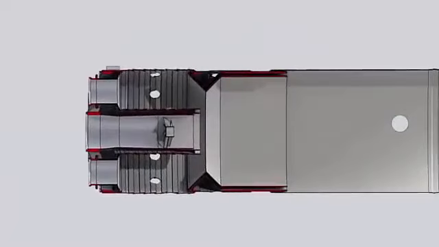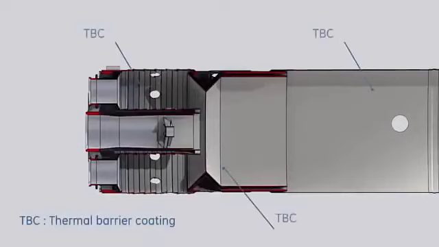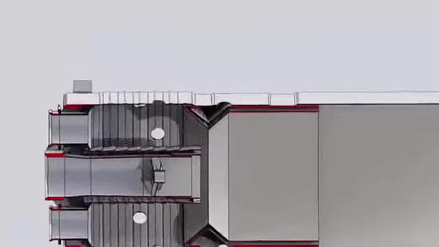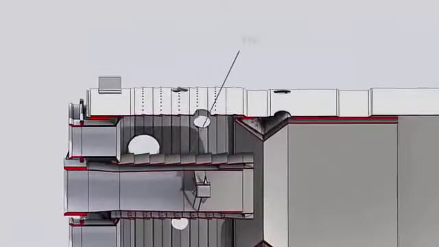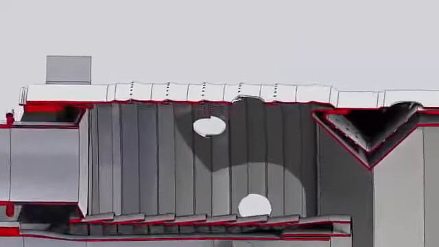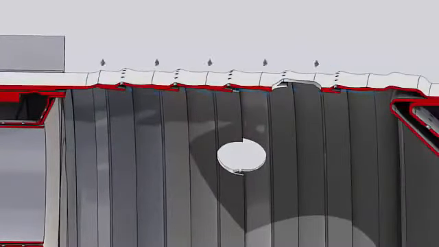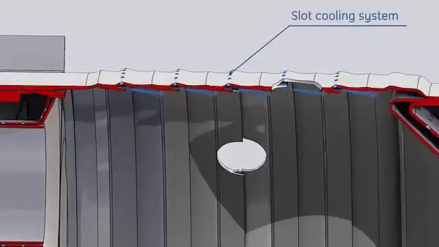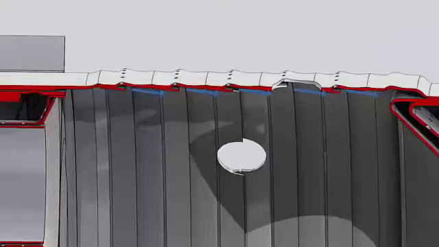Due to the extremely high temperatures encountered inside the liner, all surfaces which are exposed to the flame are protected by thermal barrier coating. The combustion liner is also protected by film cooling, as air flows through the liner cooling rings to make an air film adjacent to the liner surface. This air film keeps the hot gases away from the liner metal.